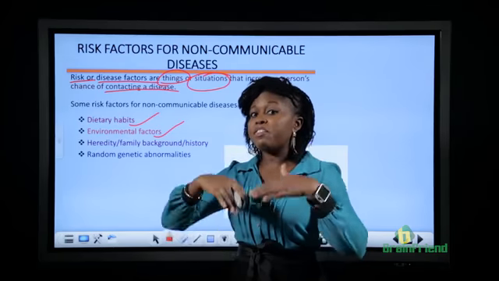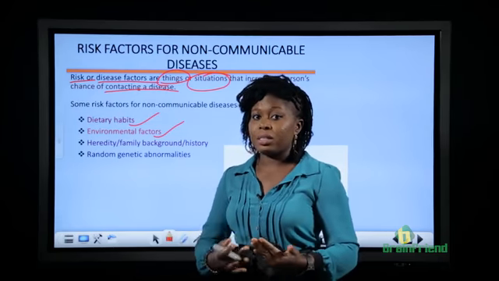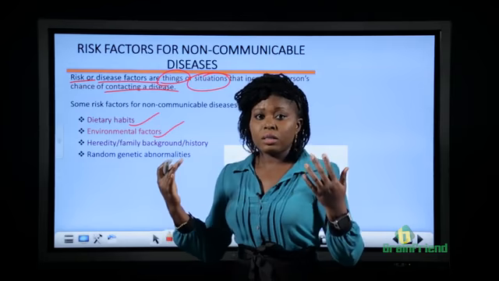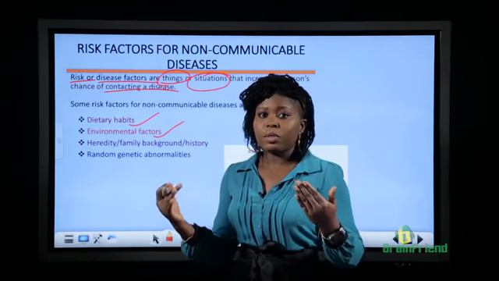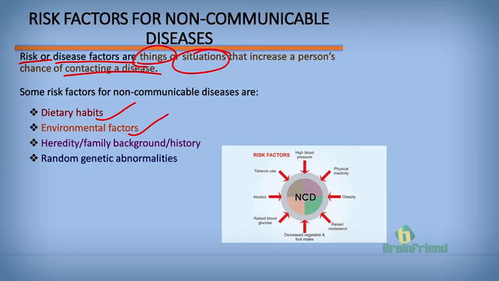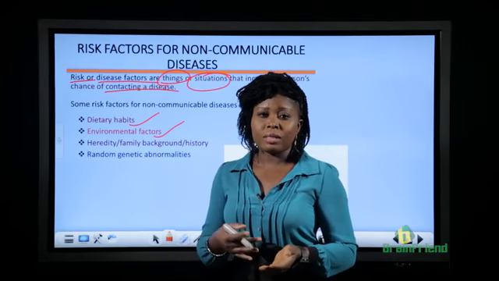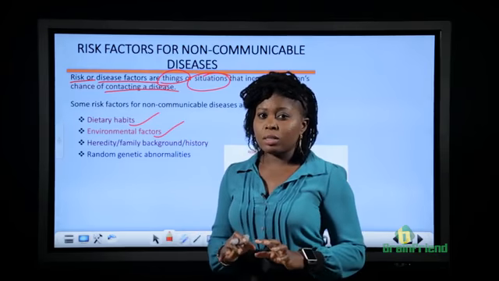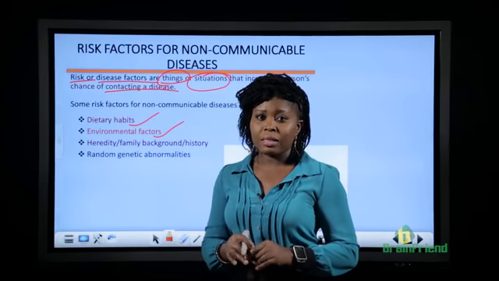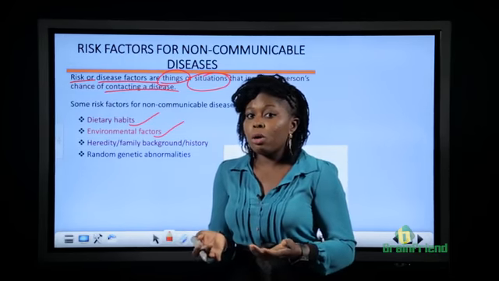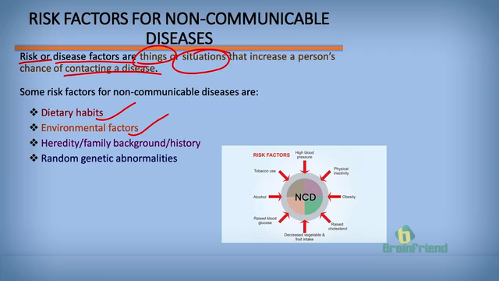In fact, all these heavily industrialized areas, people who live in the urban areas, in the cities, okay? We have plenty of manufacturing companies and plenty of cars on the road that emit different kinds of poisonous gases. Such people are more likely to contract non-communicable disease. So this is just an example of an environmental factor that can lead to non-communicable diseases.